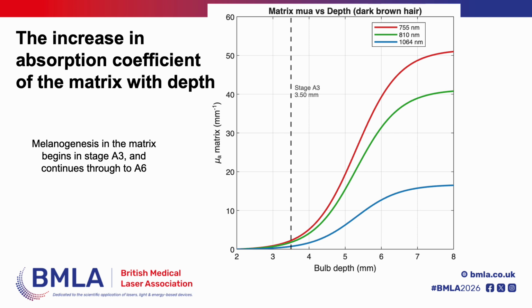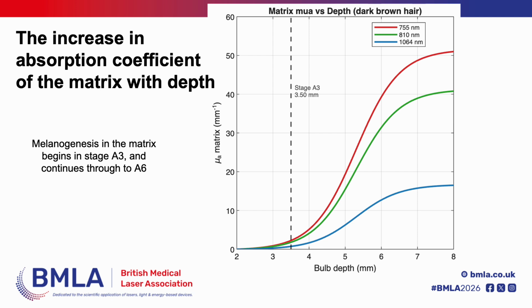Now, there's a couple of interesting points here. If the skin is thin, say it's only 4 to 5 millimeters thick, then the bulb descends into the subcutis and at some point stops growing, and therefore the diameter of the hair stops growing, and the matrix size and colour stops growing as well.